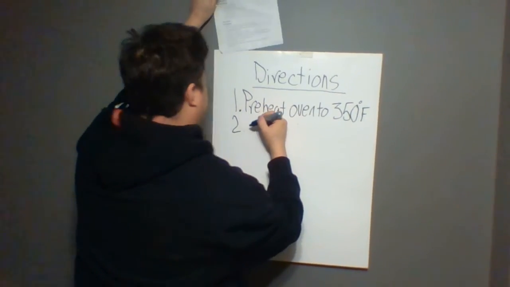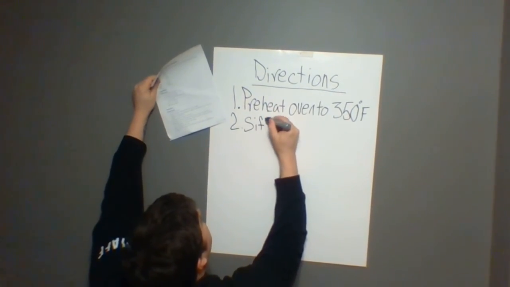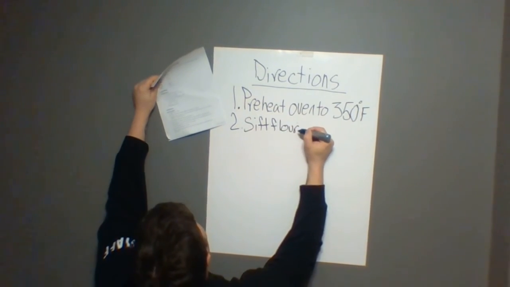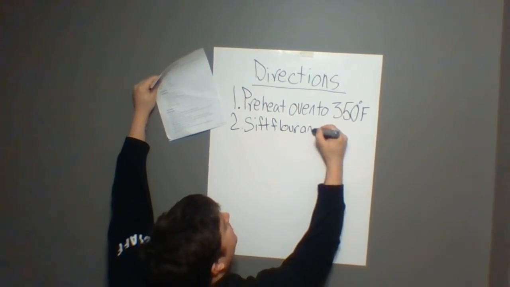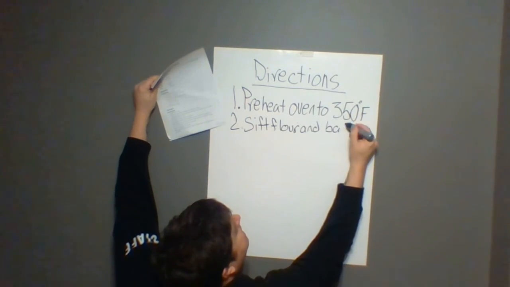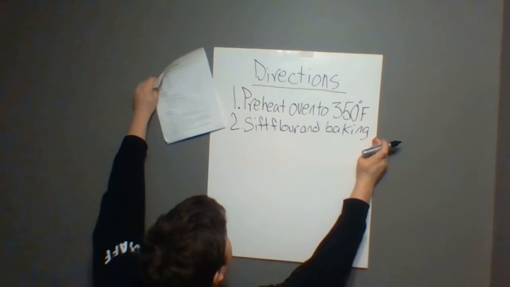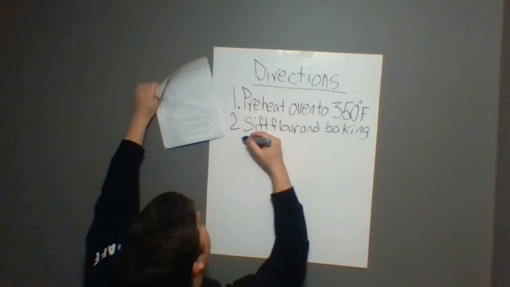2, so we're going to sift our flour and baking powder together, making sure we have our 2-finger space. Uh-oh, can't fit it all in one line, so we're just going to go down and we're going to stay in line with our letters, not our numbers, okay?